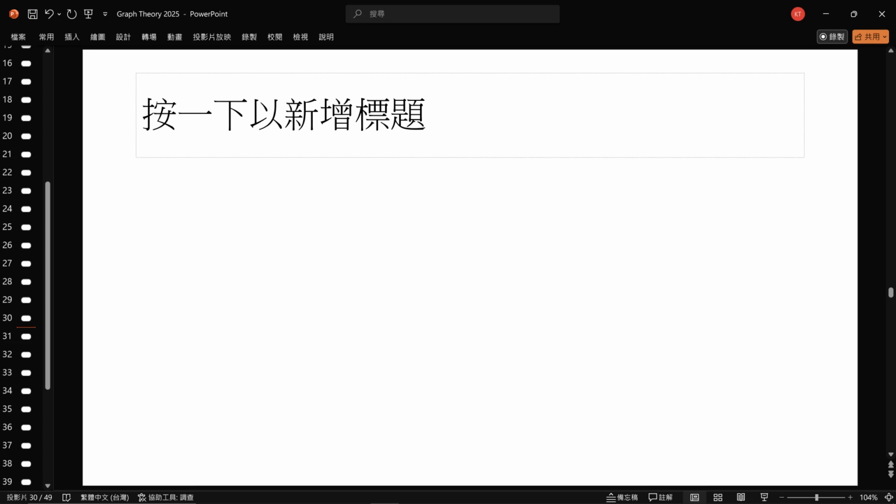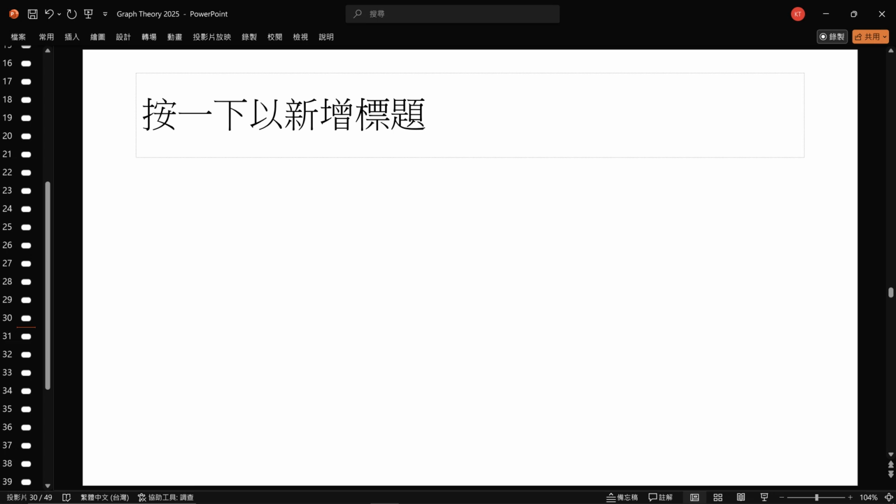Okay, so for this graph G, again, we are going to apply the proof for case 2. Right? So we want to make sure that this vertex is adjacent to the vertices with the highest degree.